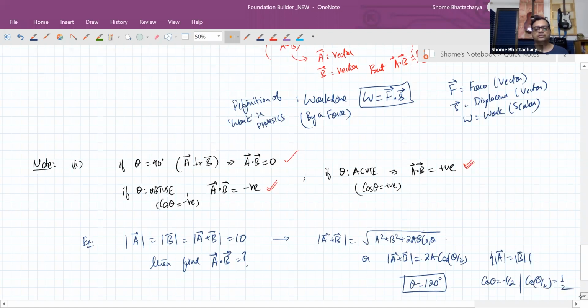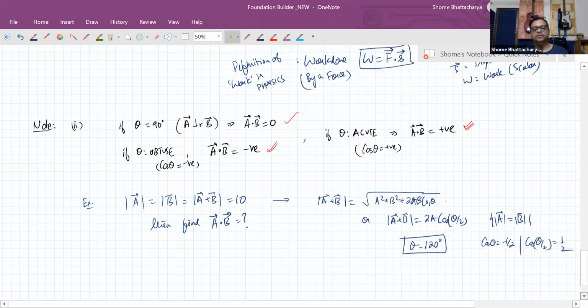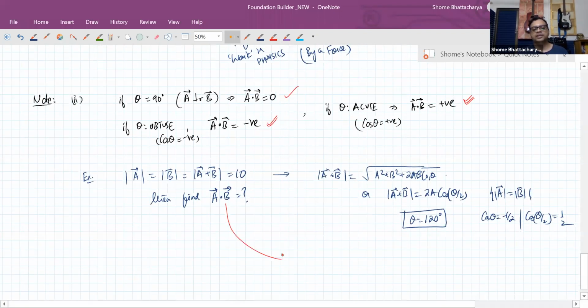So theta is 120. Now what is my A dot B? It is 10 into 10 into minus half. So it is minus 500. Sorry, minus 50. My mistake.